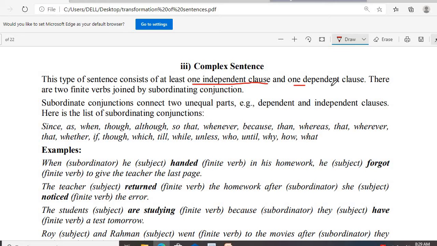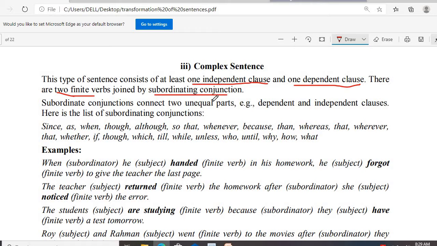And one dependent clause. That is, in a complex sentence, you must have a principal clause and a subordinate clause. There are two finite verbs. You have to remember these two finite verbs are joined by a subordinating conjunction. This phrase must be remembered.